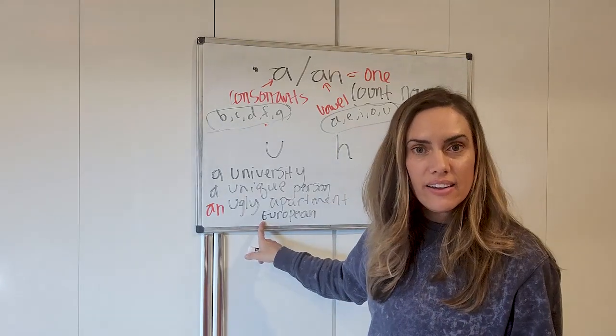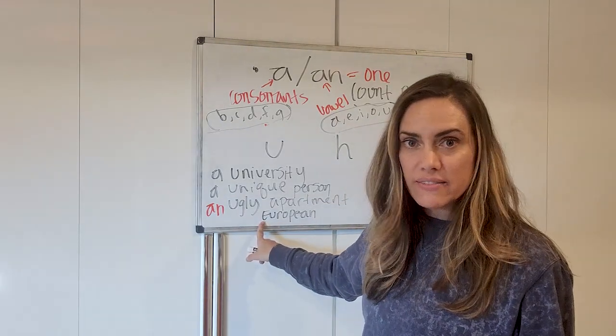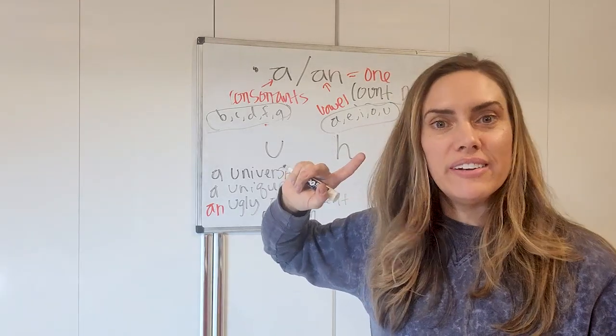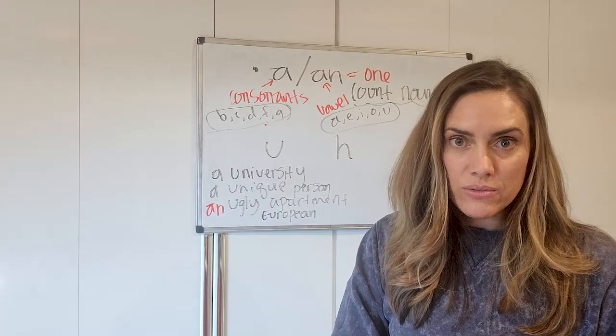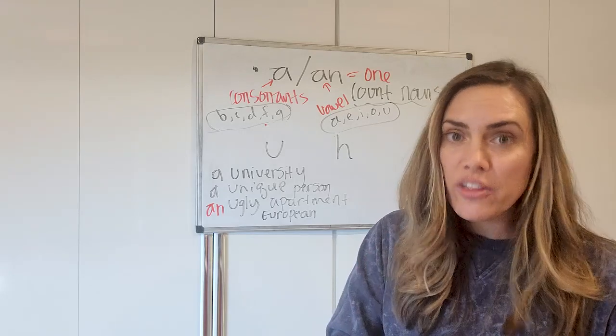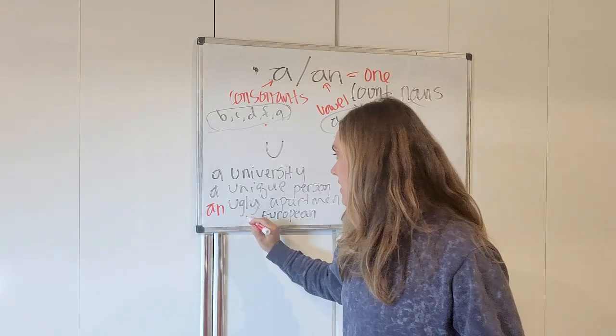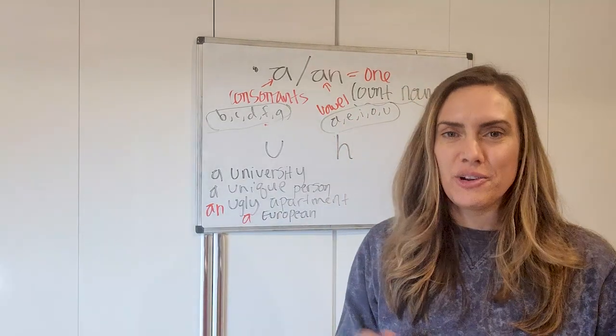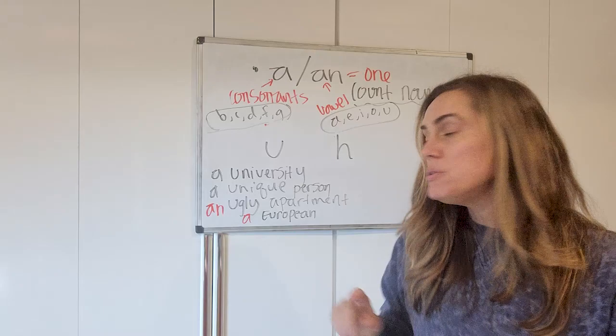It's an E. Doesn't matter. I know that's a vowel. Listen to the sound. European. So that's a Y sound. It's not a vowel sound. So therefore, we're going to say a European, not an European. It's a European. Okay? All right, let's move on to the letter H.